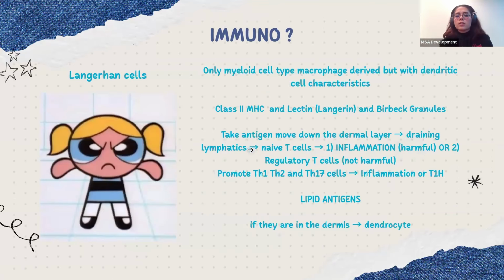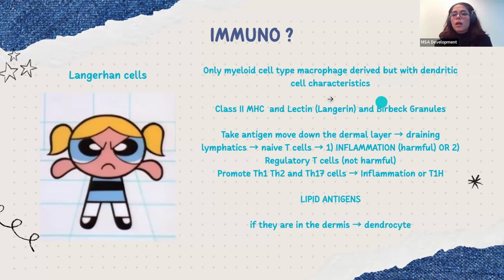Langerhans cells have dendritic characteristics, like macrophages. They have tentacles. The way I remember it, Langerhans cells remind me of tentacles. Bubbles had Octi, that was an octopus.